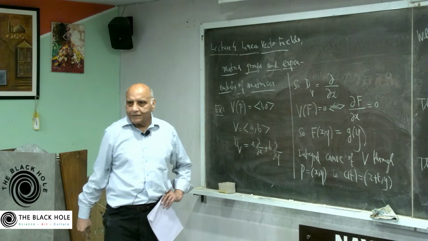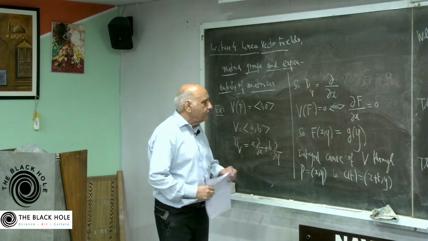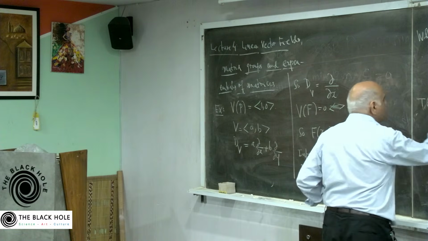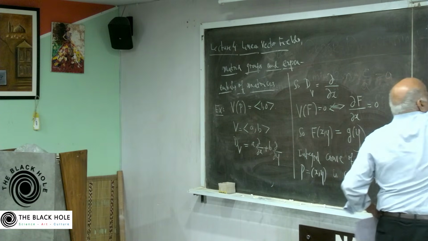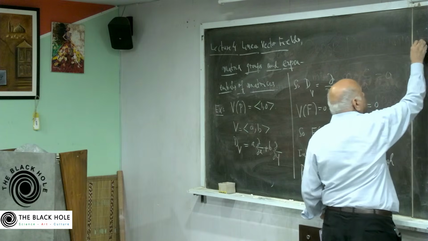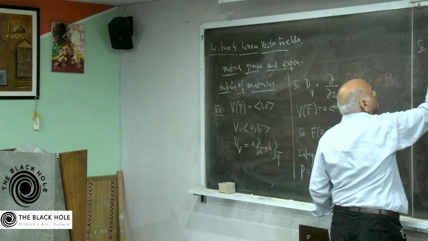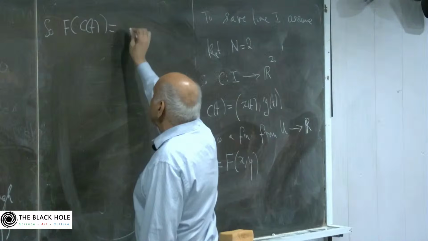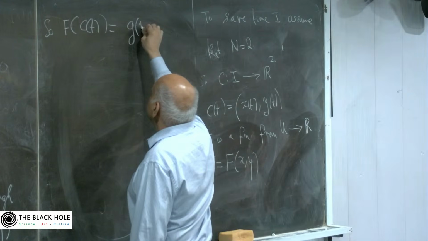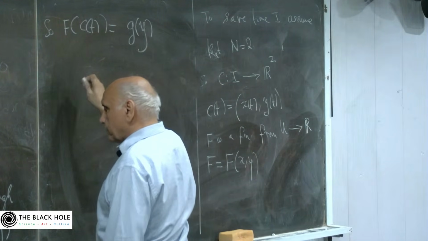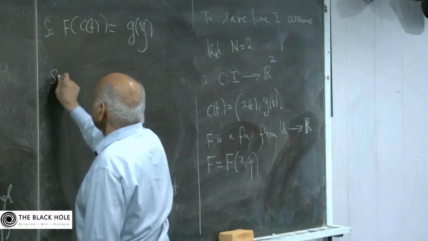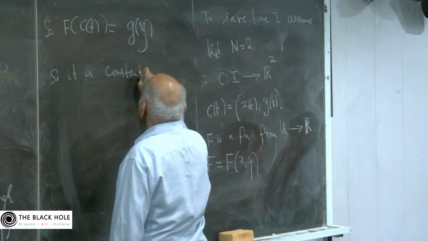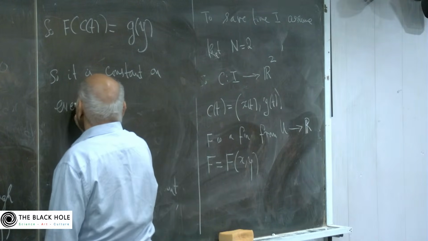By the theorem it must be, because f is just a function of y. So therefore f of c(t) is equal to g of y, so it is constant on every integral curve.